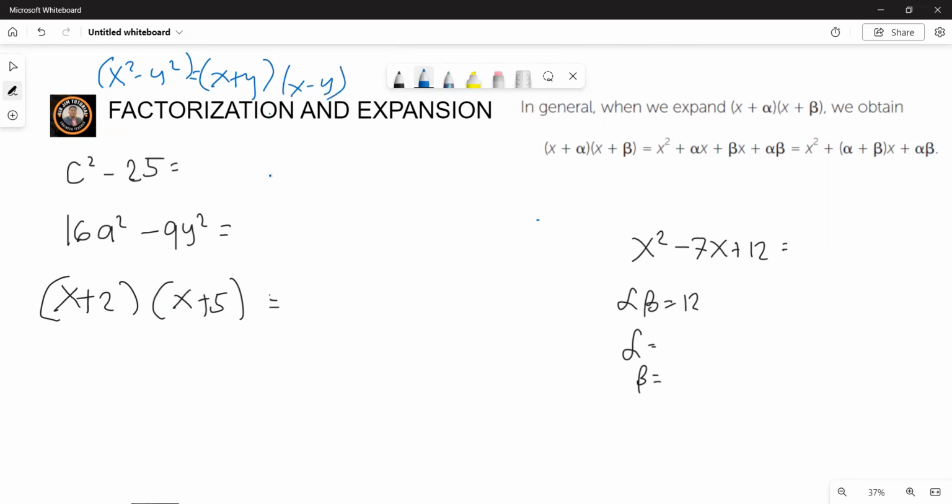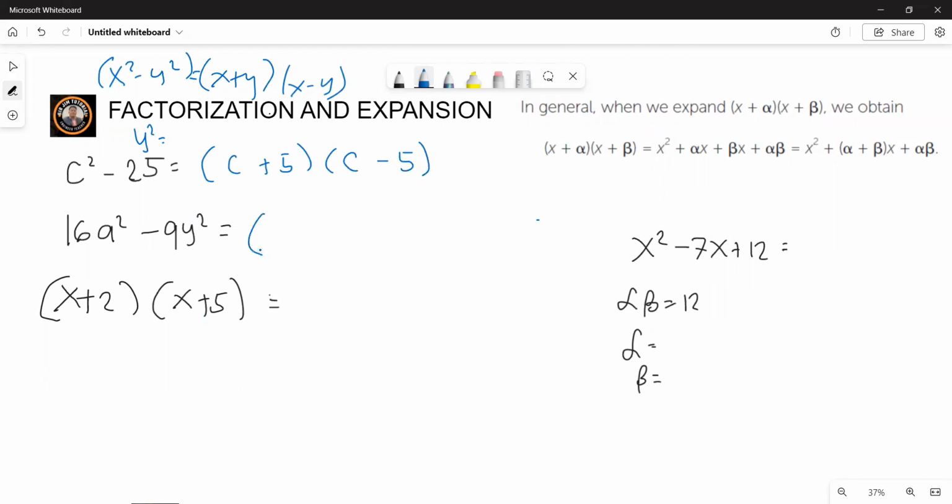So from here you have your c, plus what is y? This is y squared, right? So in other words, y is equal to 5. You have c plus 5, and then here c minus 5.